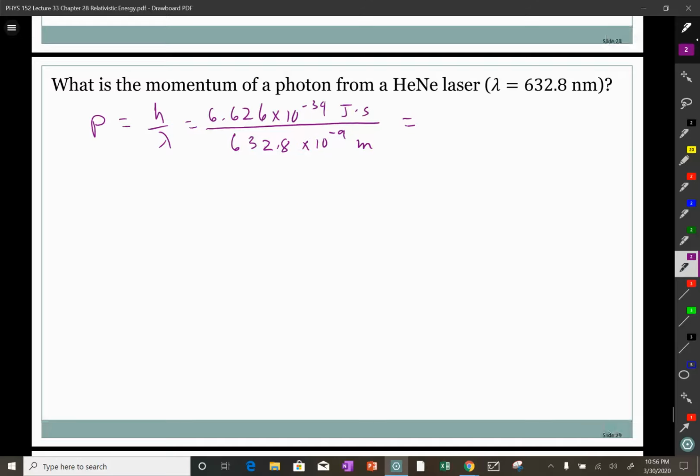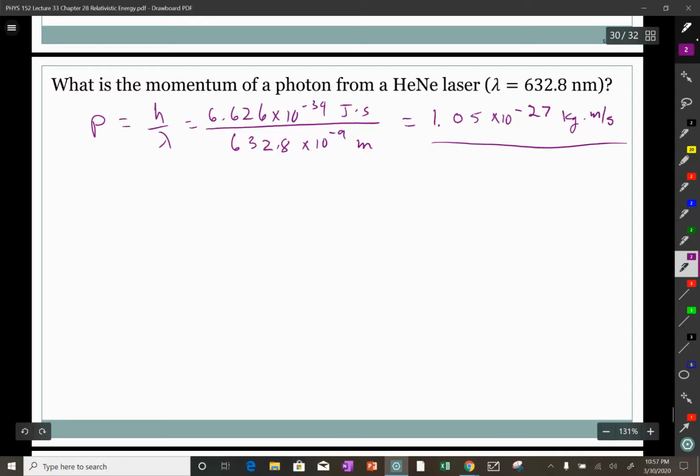If I multiply that through, 6.626 times 10 to the minus 34 divided by 632.8 times 10 to the minus 9, that will give me 1.05 times 10 to the minus 27 kilograms times meters per second.